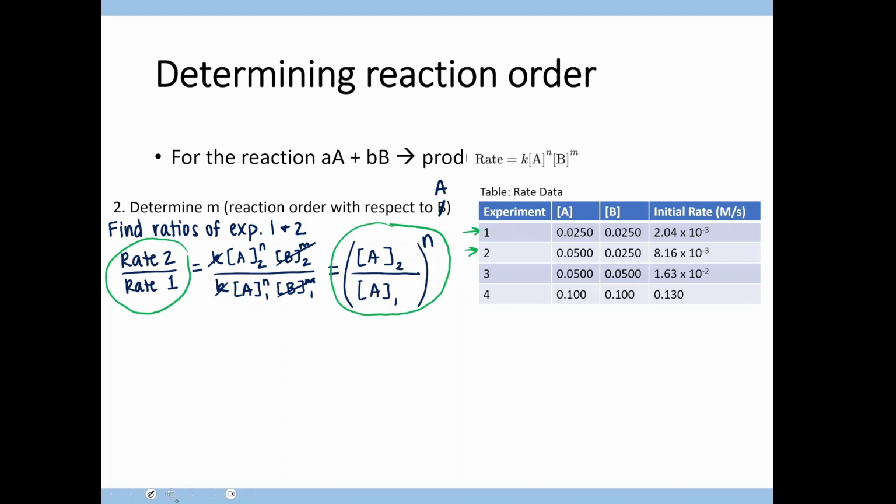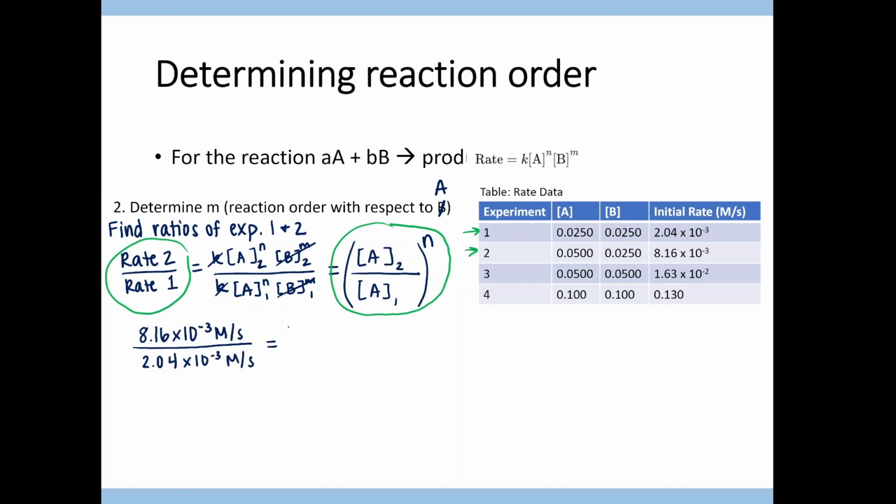Now we'll plug in values. So rate 2 is 8.16 times 10 to the negative 3 molarity per second. Rate 1 is 2.04 times 10 to the negative 3 molarity per second.